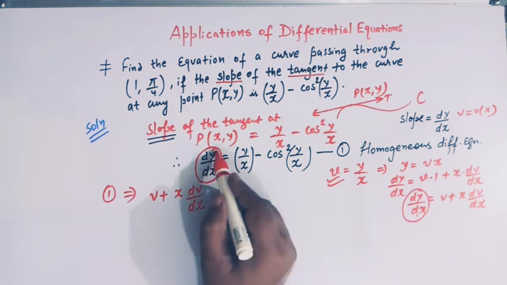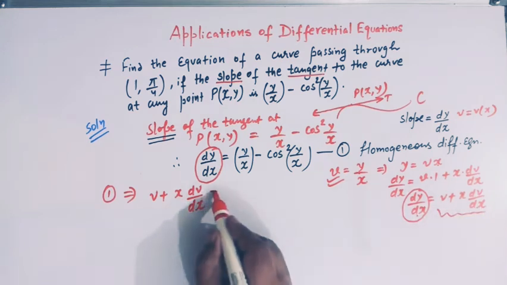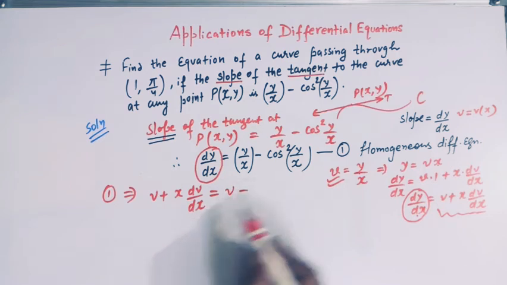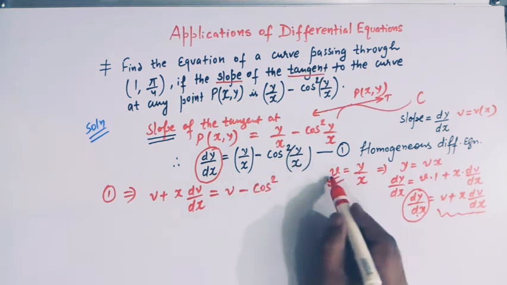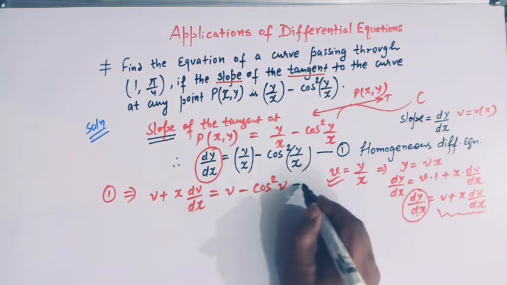this equation number 1, it becomes v plus x dv over dx. For dy over dx we have substituted this value is equal to y over x is v minus cos square y over x is v, right? So this equation number 1, it becomes this one, right?